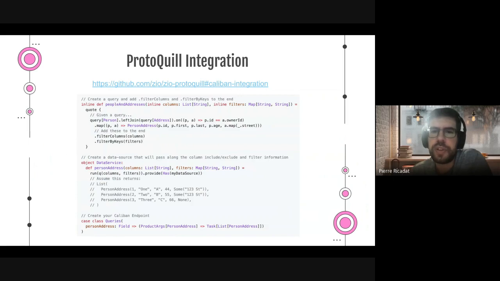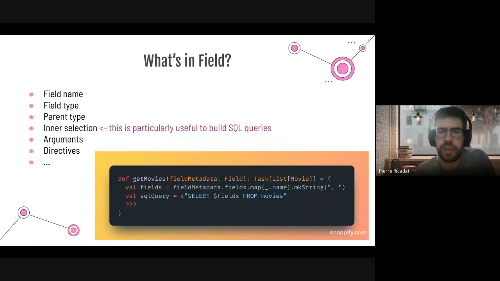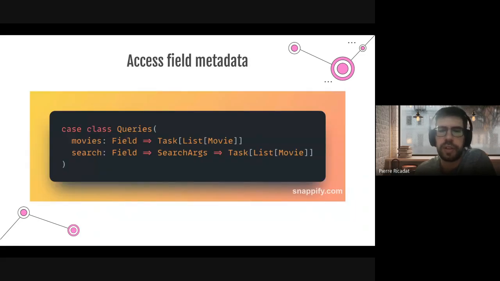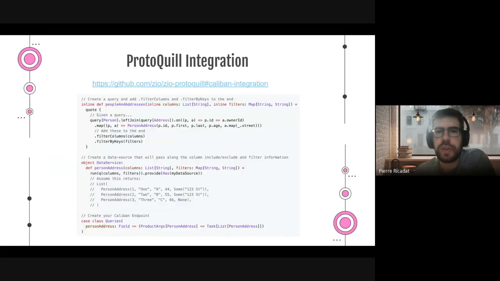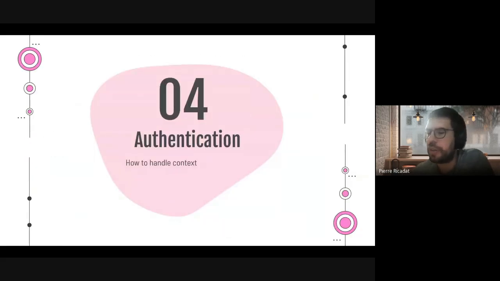So if you're interested in this and you use Quill, I encourage you to check the ProtoQuill documentation, and there are some examples of how to use that. And this is basically just using the field metadata that I mentioned just before. Okay, so that's it for query optimization. Any question?